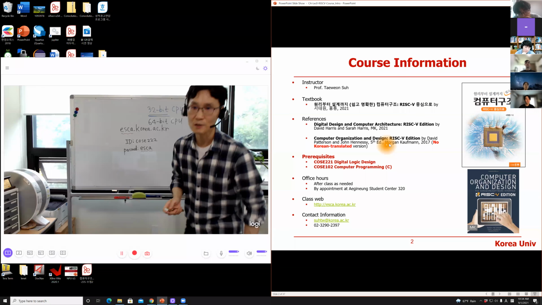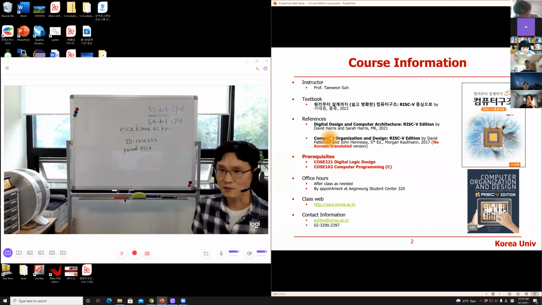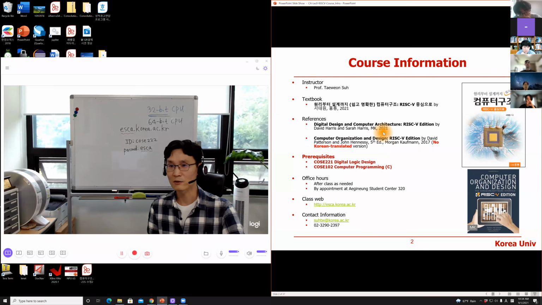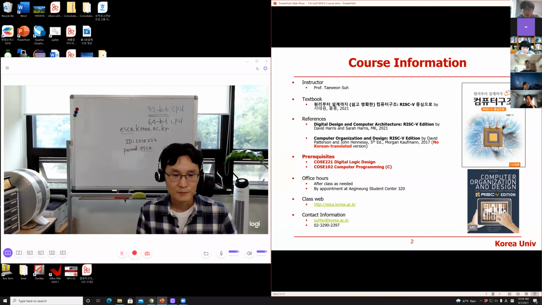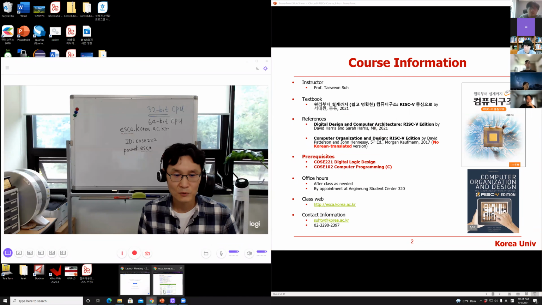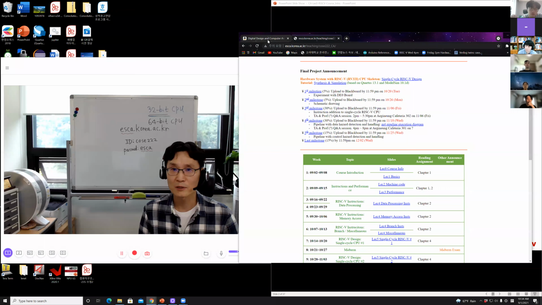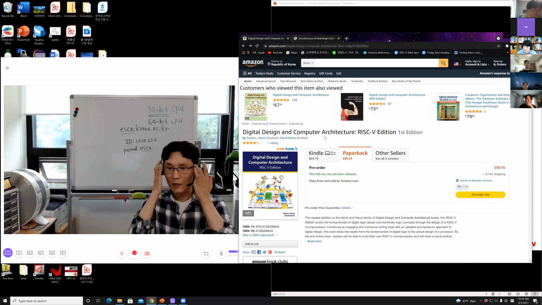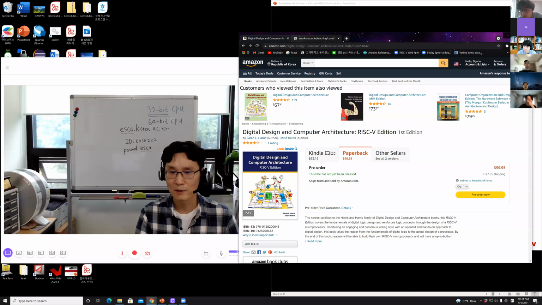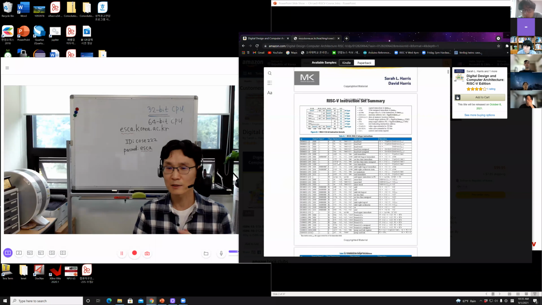But the first book just came out. Look at this year, 2021. It just came out. So actually, I haven't purchased this book. I didn't have a chance to look at it, but if you go to the Amazon web page, this one, Digital Design and Computer Architecture, it provides some sample pages, like this.